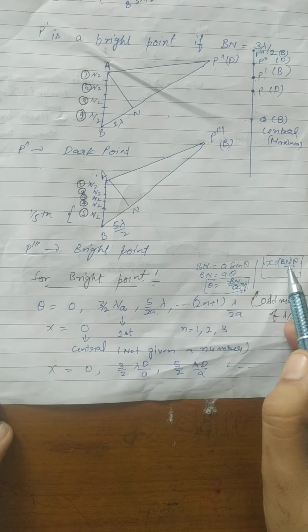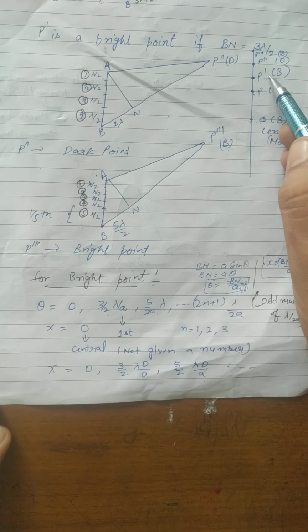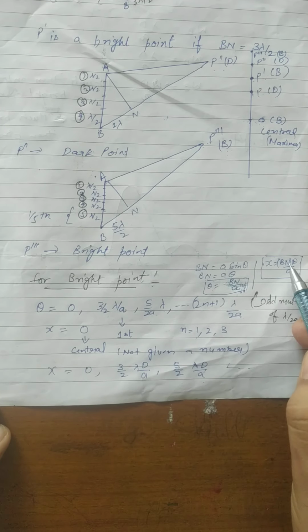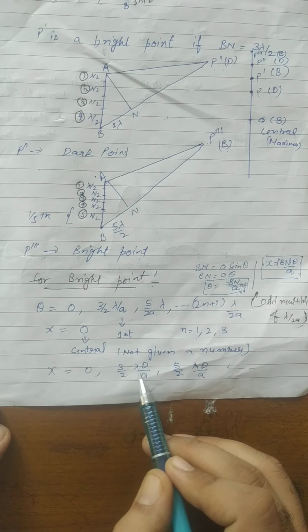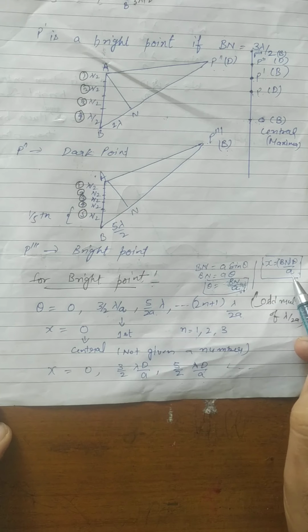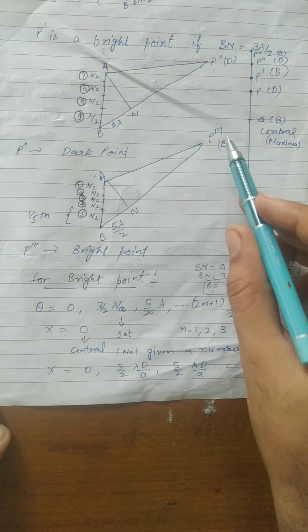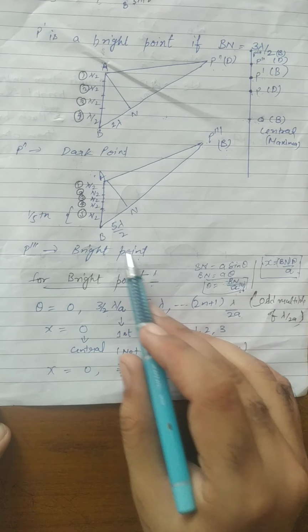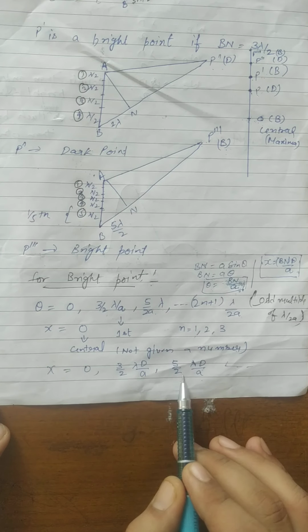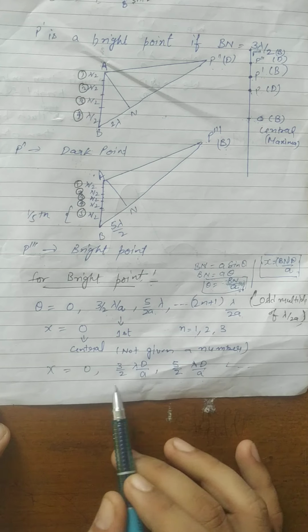We put the value of bn for the first bright point, that means for P dash, what is the bn, that is 3 by 2 lambda, so it becomes 3 by 2 lambda into D by a. After that we put the value for the next brightest point, that is P triple dash, that is 5 lambda by 2, 5 lambda by 2 into capital D by a. This is the second one.